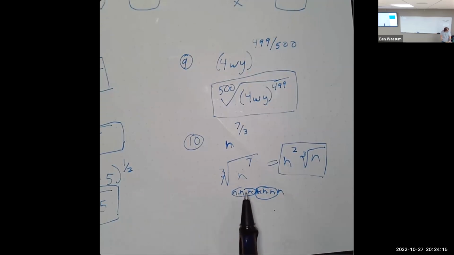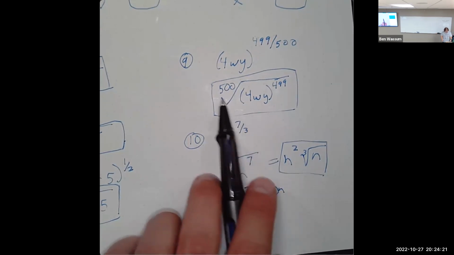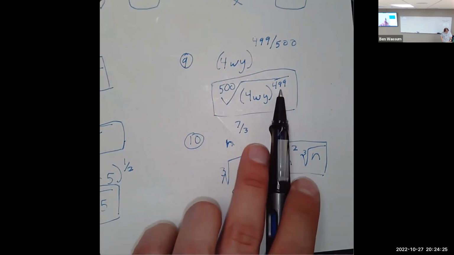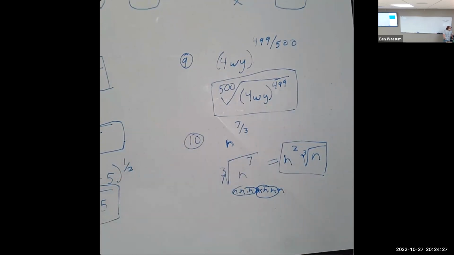You have that many of a factor, you pull it out, period. I don't care how high your root is. That's why this was a 500, this was a 499. If this was a 501, I'd pull one out. If I have more than that power or that root, it can come out.